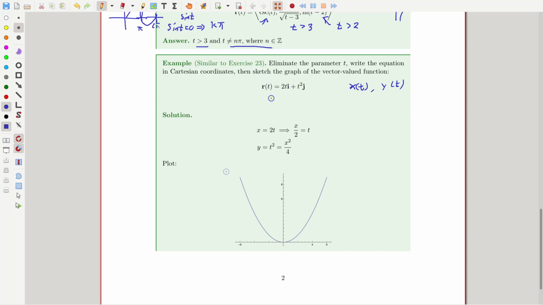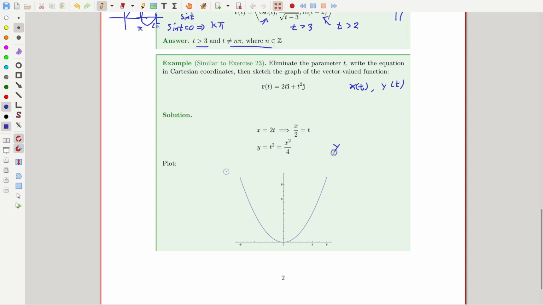So in this case, we are able to actually write it as a function of x, right? So notice that this is the function for x, so I write it like so, and this is the function for y, so I write it like so. And then by solving for t in the first equation, we just divide by 2, we are able to then take this and plug it into the equation for y. So that just requires us to square t, so we end up with this.